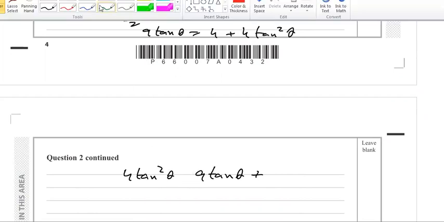And then take the tangent also to the other side. I will have 4 tangent square theta minus 9 tangent theta plus 4 equal to 0, because when you shift it to the other side it will be minus 9 tangent theta.